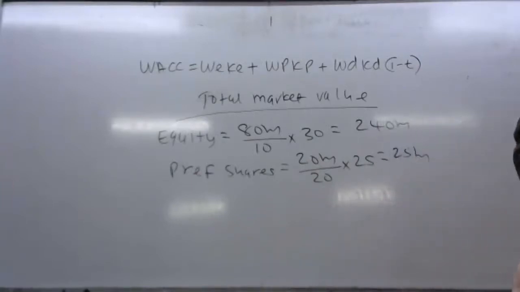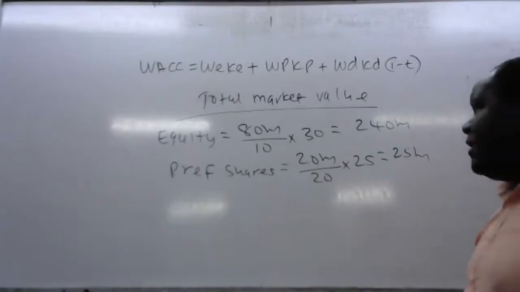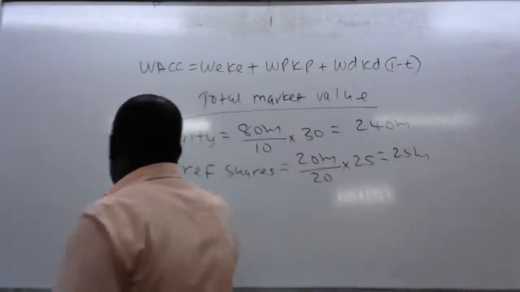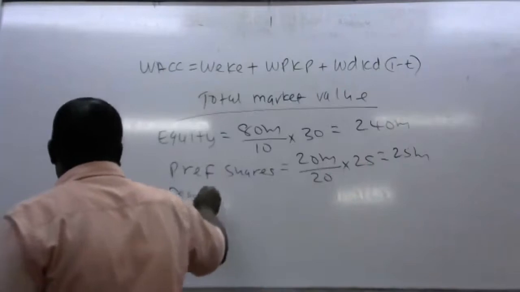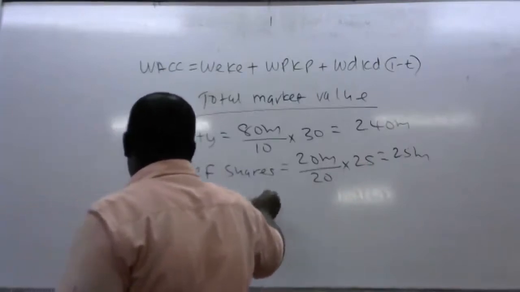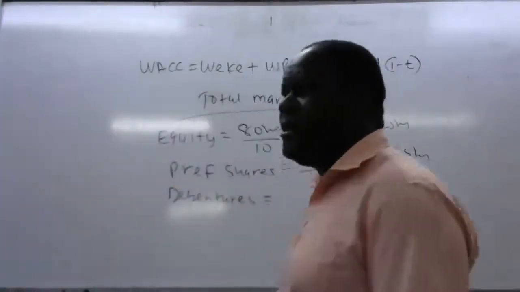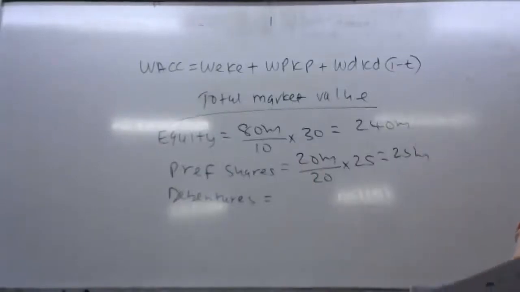Remember, you just take the number of the preference shares, from the capital structure it is 20 million shillings, and the par value was 20, so you divide. The next one will be the debentures. Debentures were being valued at par, so it will not change.